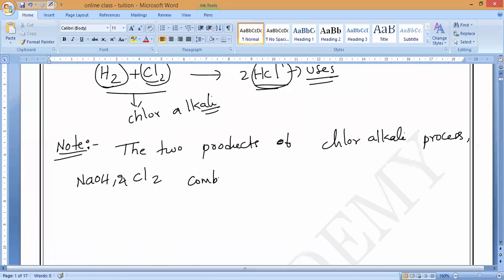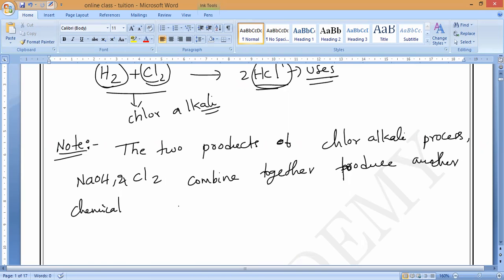When sodium hydroxide and chlorine combine together, they produce another chemical. Very, very important.